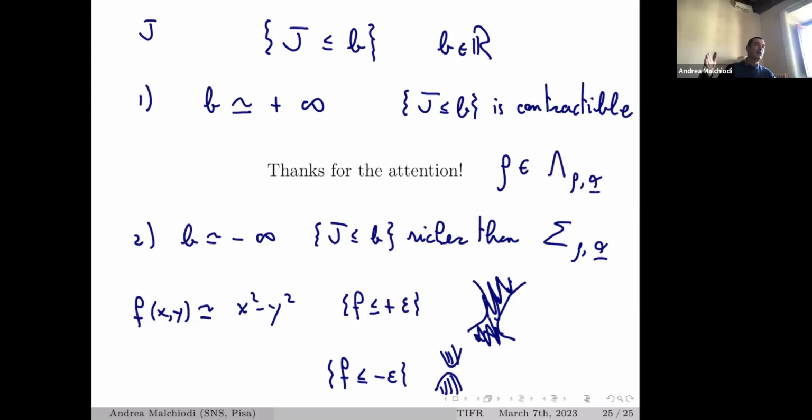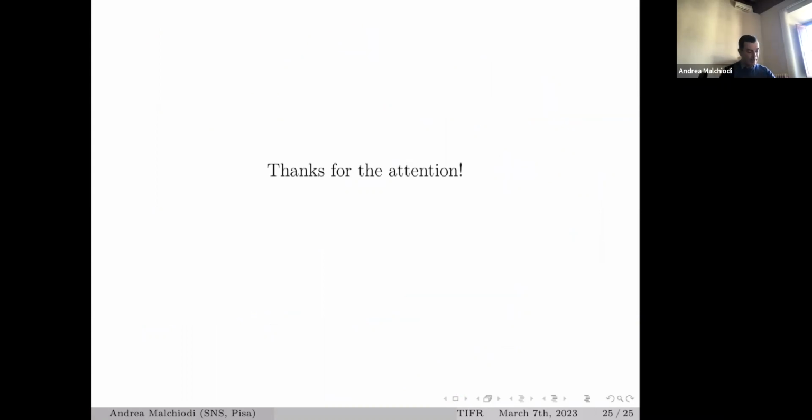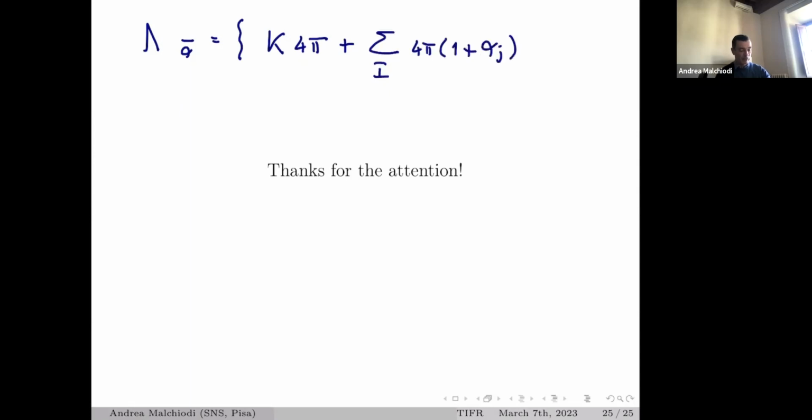This discrete set lambda rho alpha bar actually depends only on alpha bar, and is the sum of numbers of the type k 4 pi plus a sum over some subset I of 4 pi (1 plus alpha j), for j belonging to any finite set I.